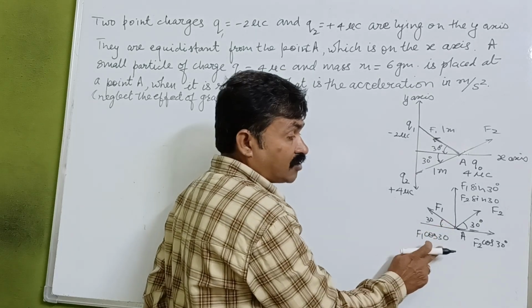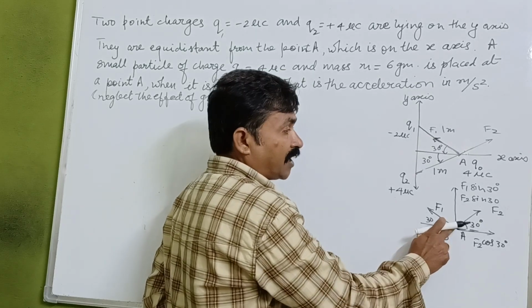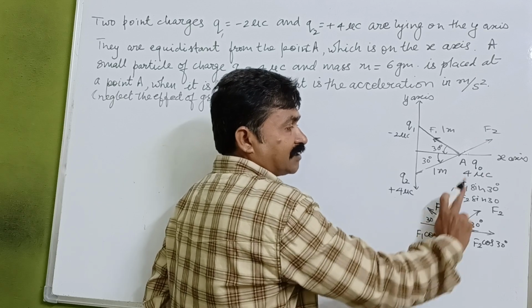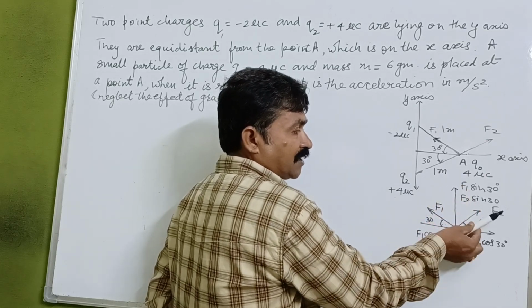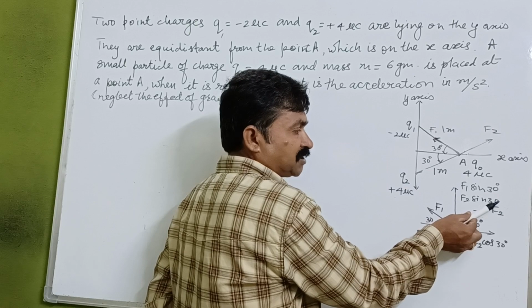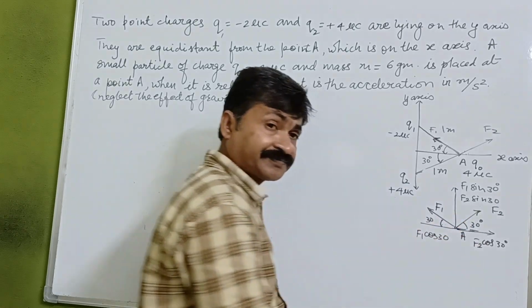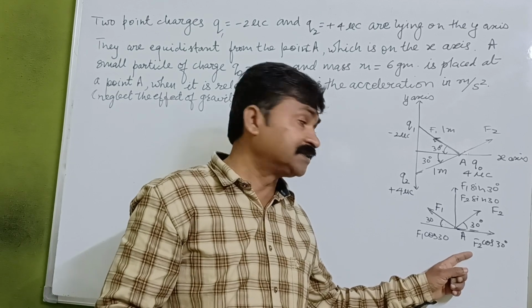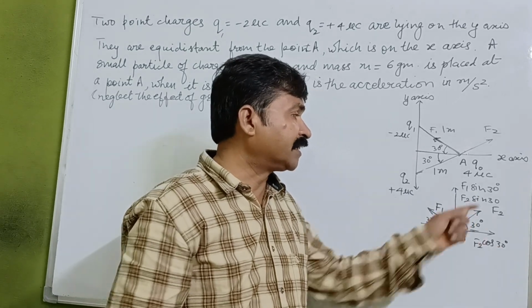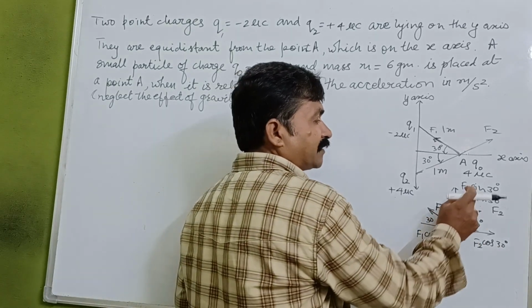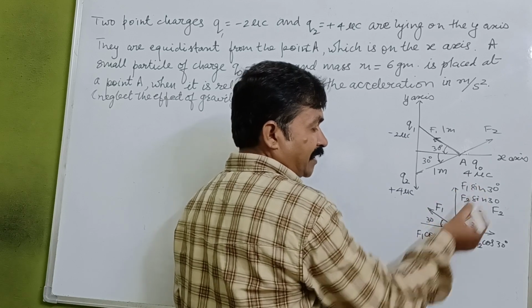So F1 cos 30 is in this direction, and F1 sin 30 is in this direction. Similarly, the force acting in this direction is F2, making an angle of 30 degree with the x-axis. So one component is F2 cos 30 and another component is F2 sin 30. Both will be in the same direction.